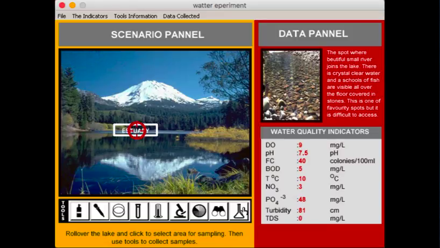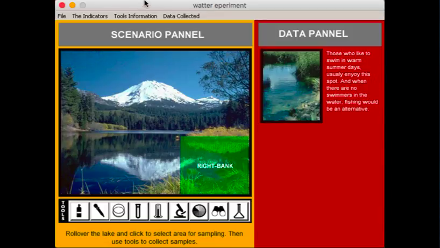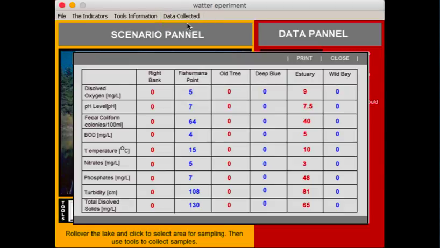the data is stored inside of our data collection panel, which we can then view and use to compare the data at the different points on this lake, or compare the various parameters. For example, if we say the pH level, the acidity, is high, and at the same time the level of dissolved oxygen is low, then what could be the reason for this on this particular lake?